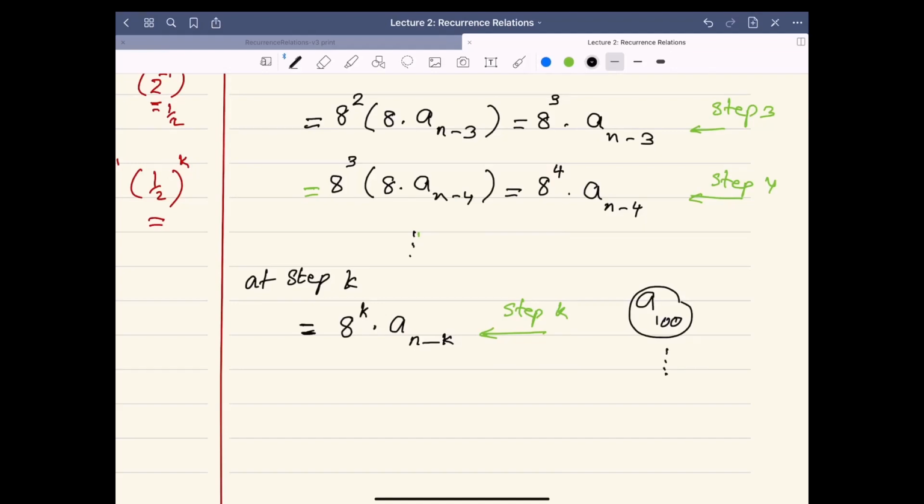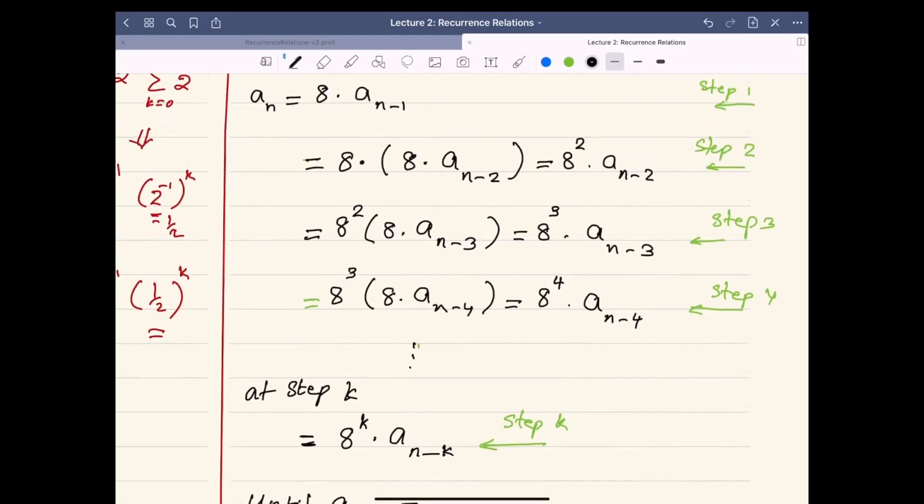So this subscript will keep decreasing until it reaches the initial value. So what should we write here? This will continue until an minus k is equal to, what is the initial value?